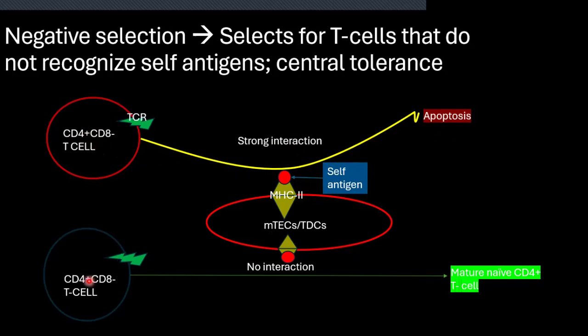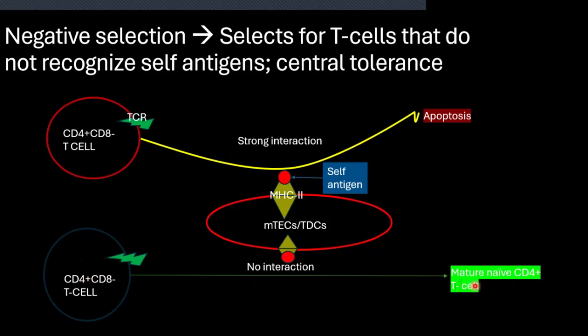But cells which do not interact with the self-antigens, or do so with very low affinity, receive sufficient survival signals and form the mature naive CD4 positive T cells.